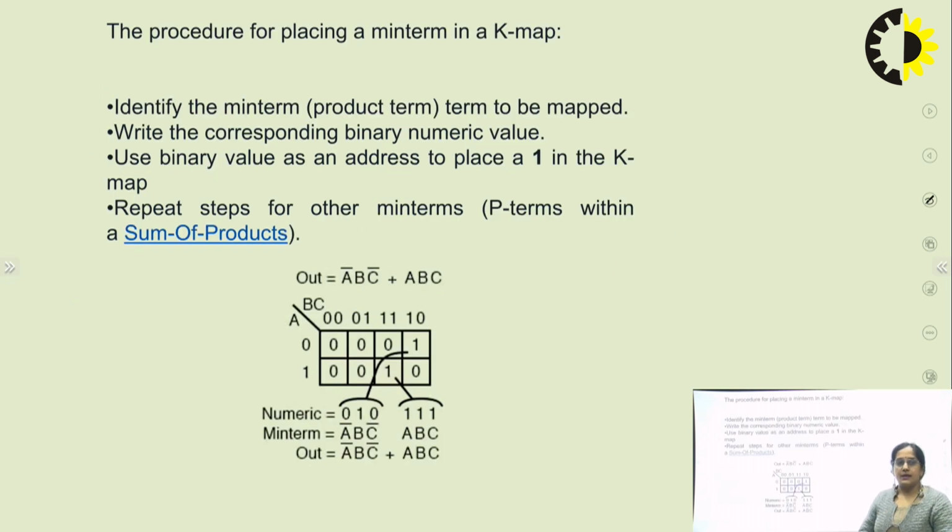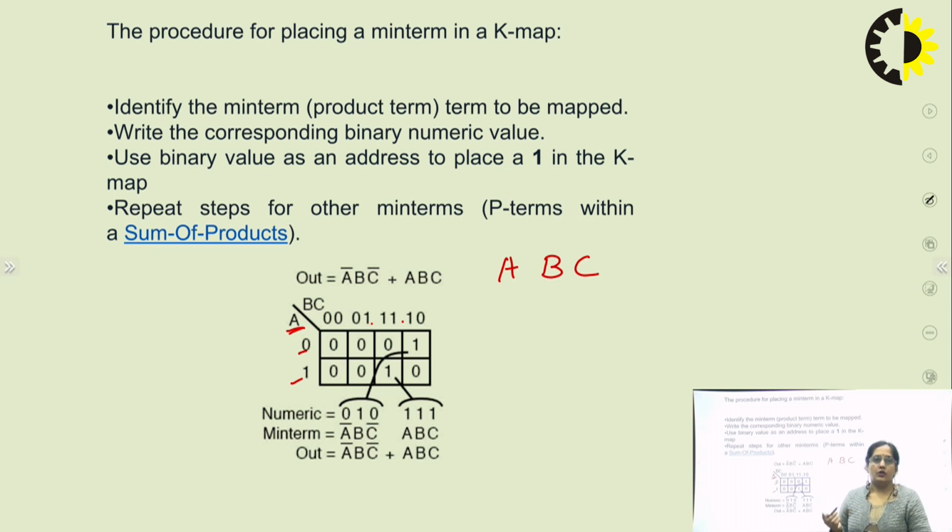For example, if we have to place ones in a K-map, this is a 3 variable K-map. Here we have 3 variables A, B and C. A has 2 values, 0 and 1, and B and C have 4 combinations: 0 0, 0 1, 1 1, 1 0.